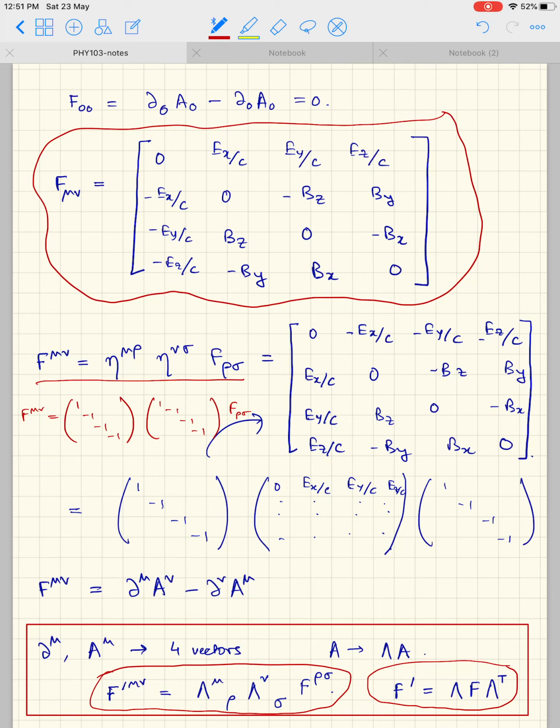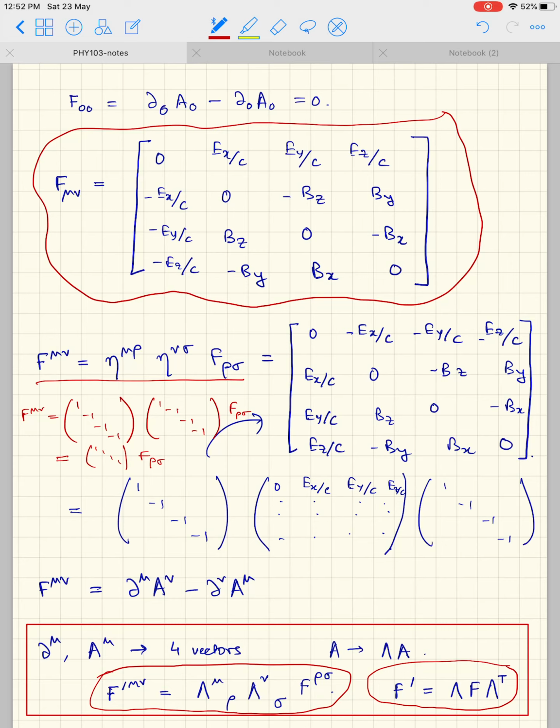So if you multiply this 1, minus 1, minus 1, minus 1, two of these, this would just become identity, and so hence F mu nu upstairs and F mu nu downstairs should be the same.